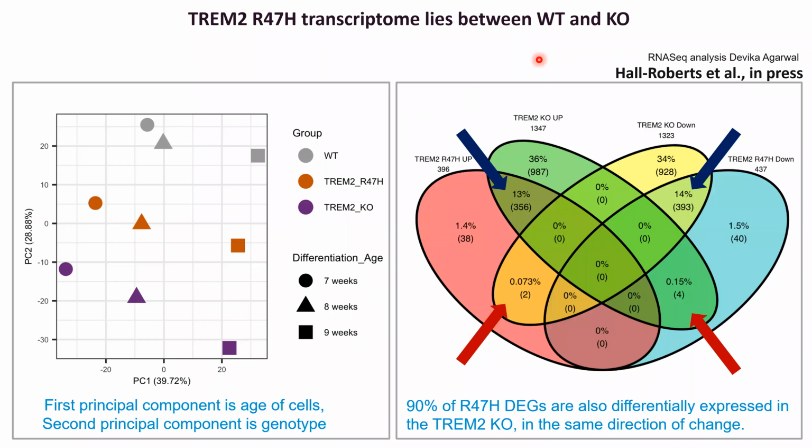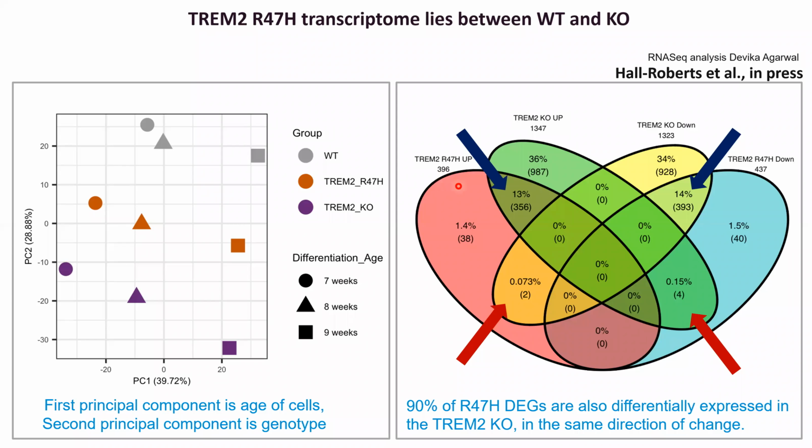So looking globally at the differentially expressed genes, we see that the TREM2 knockout has a lot of differentially expressed genes versus the wild type cells, both up and down. The TREM2 R47H mutation cells have a small number of genes that are differentially expressed either up or down.